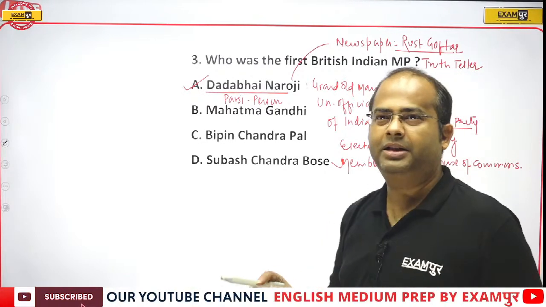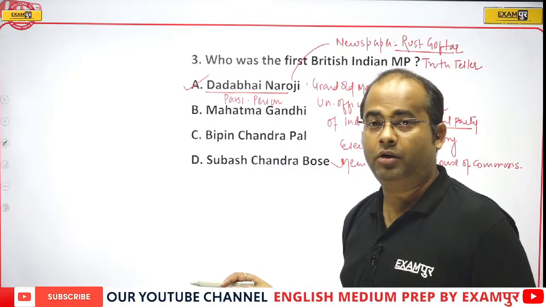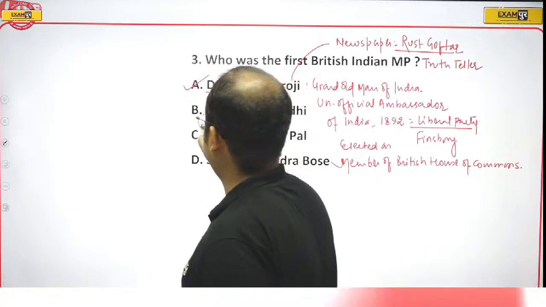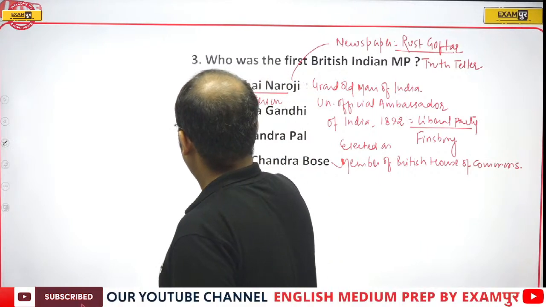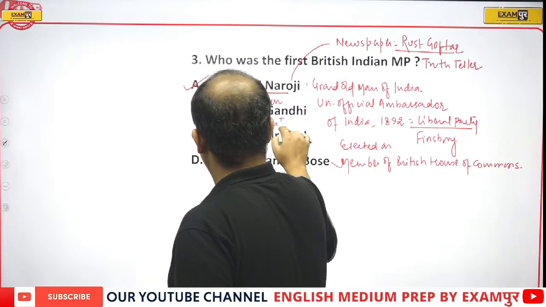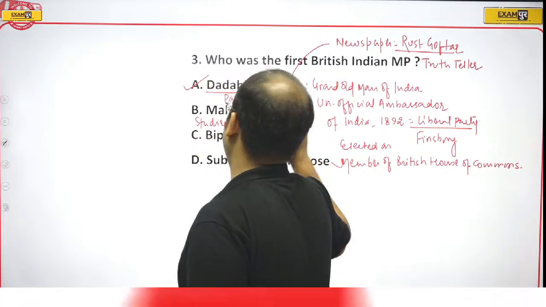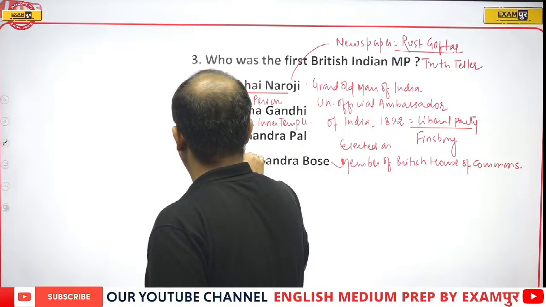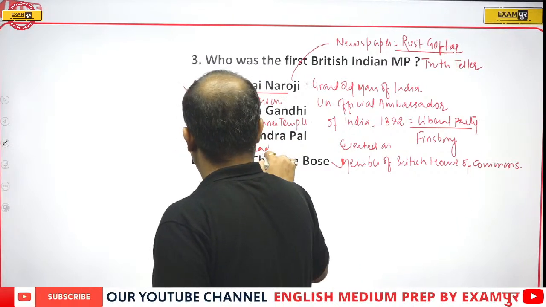Now Mahatma Gandhi, he attended the second round table conference. He studied law in Inner Temple College, London. And Bipin Chandra Pal was an extremist leader from Bengal.